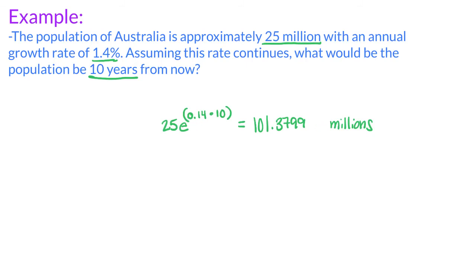So how I did this on my calculator, just so you know, is that I did 25, and then I did the second natural log button on the left-hand side, and that's how I got the E, and then it automatically prompted that exponent. And then again, I just typed in my exponent using parentheses, and then lastly, I hit enter. And that's how I got my value.